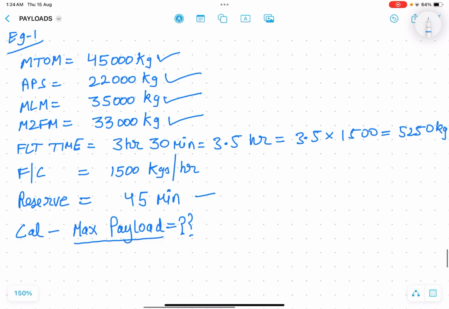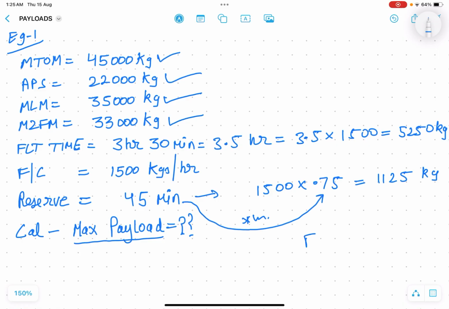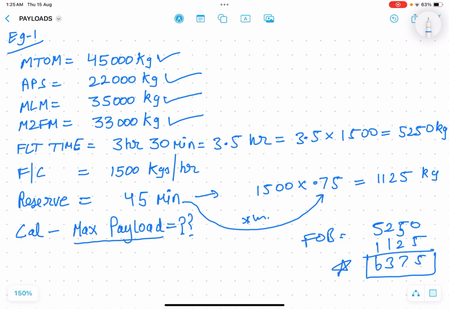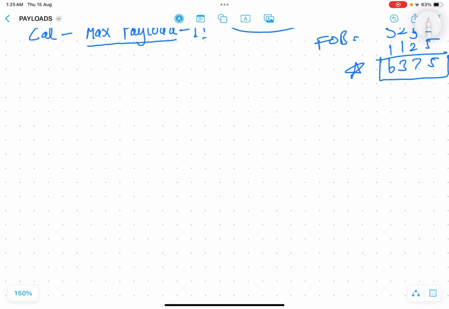And reserve for 45 minutes: 1500, which is our fuel consumption rate, into 0.75. So 45 minutes in hours is 0.75, which gives 1125 kilograms. So total fuel on board becomes 5250 plus 1125, 6375 is our fuel on board. Please remember this.